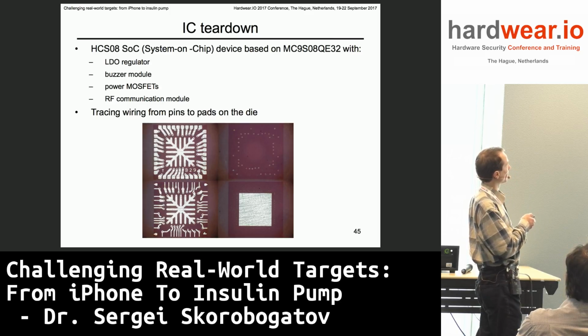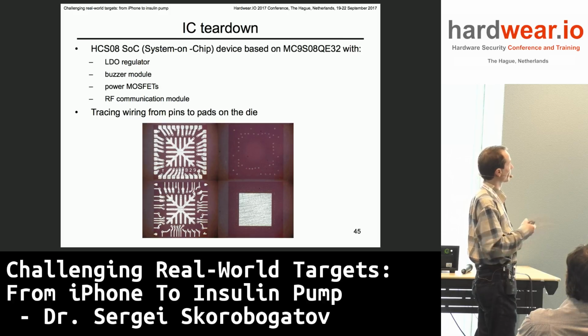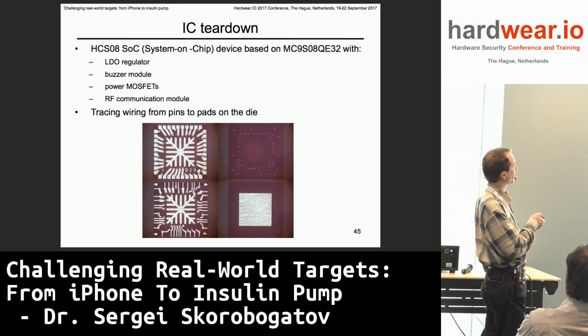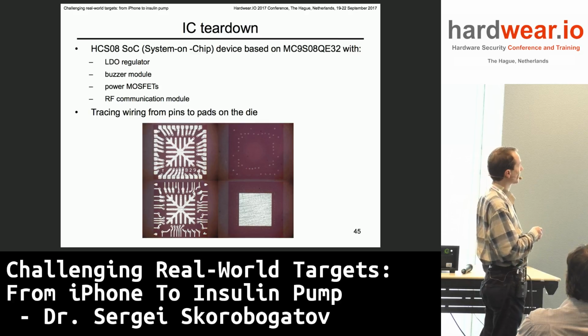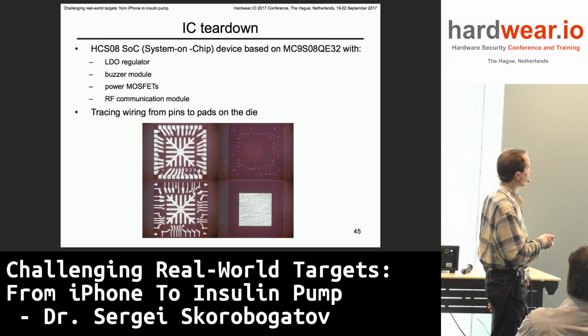They have a couple of power MOSFETs to drive the engine, and they have added the RF communication module. But obviously the pinout and the allocation of the CPU registers is different.